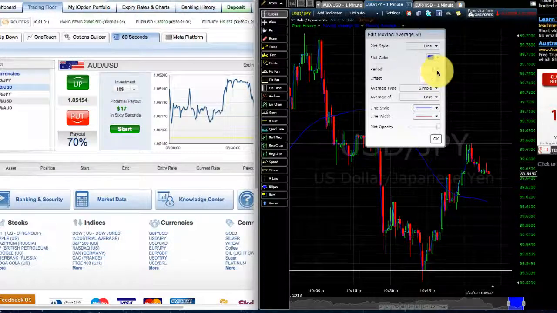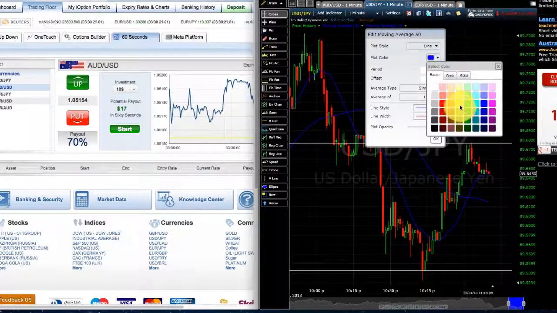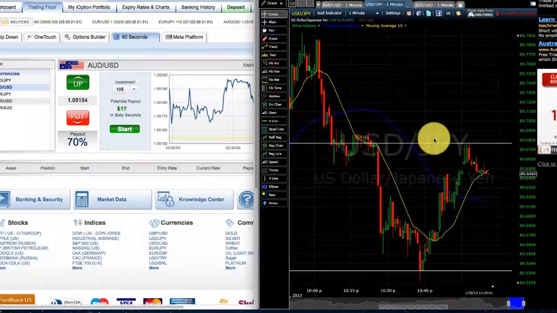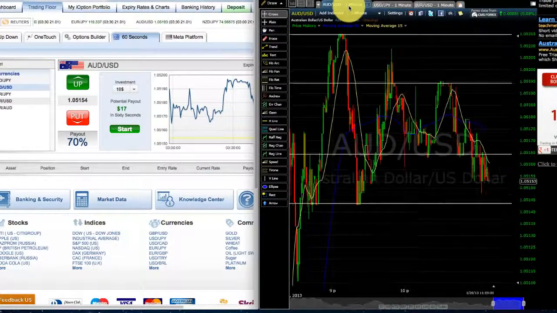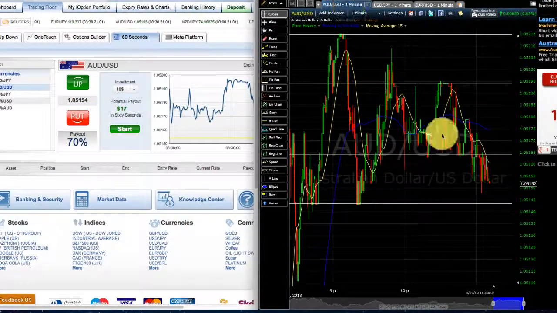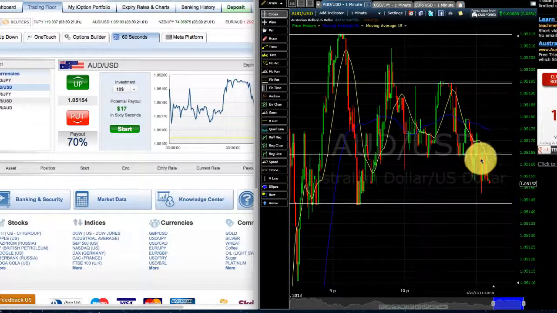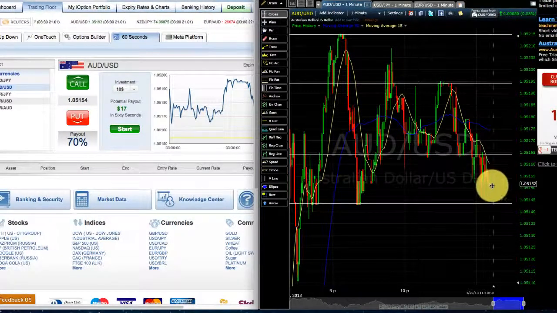Let's go 15 days. And we'll make it yellow. This looks like it might be starting to trend downwards.